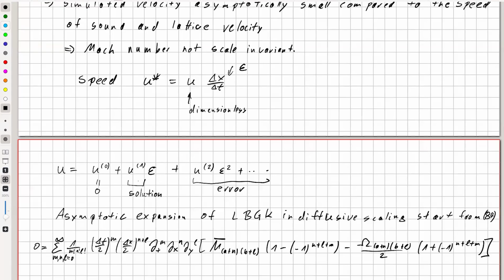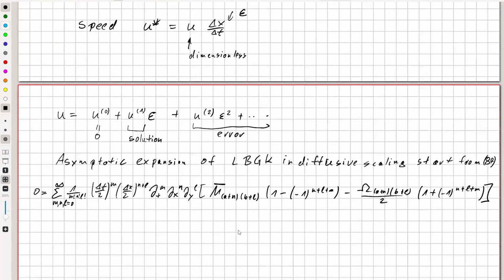I hope this is the same equation that we have written before. Now we enter the asymptotic expansion of this moment and this moment here. Then we call this equation 8.5.